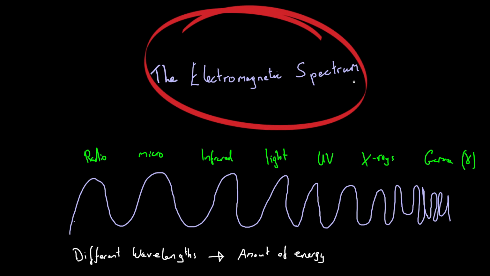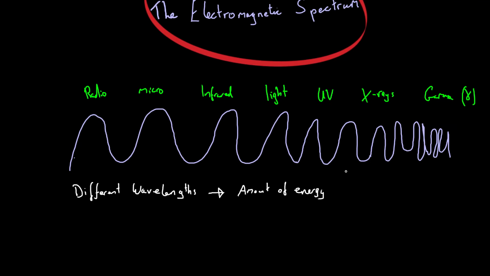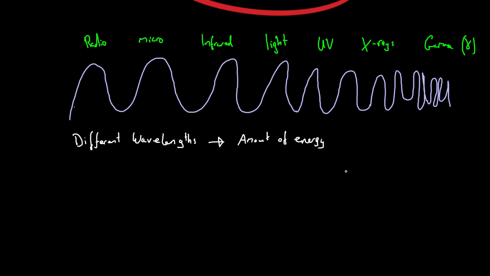Okay, now you'll remember from previous videos that we mentioned that all members of the electromagnetic spectrum, so all of these different types of waves, have exactly the same speed. So they have the same speed, and in a vacuum this is 300 million meters per second.